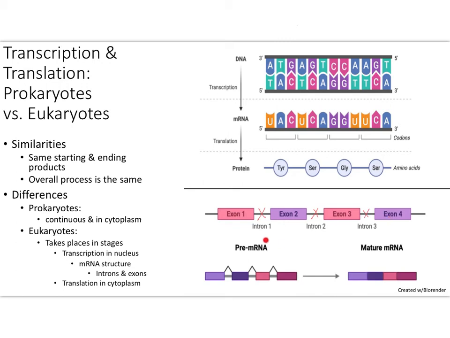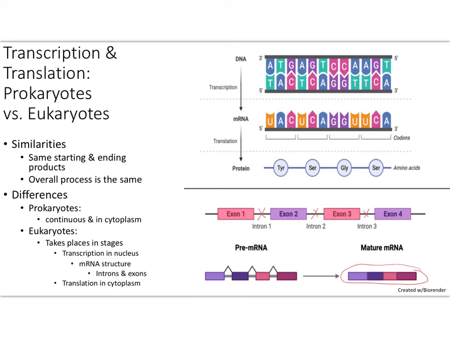This is called pre-mRNA, and we've got introns and exons. Those introns have to be taken out and the exons have to be put together so that the mature mRNA can be created. And this will then be able to be sent to the ribosome to create a protein.